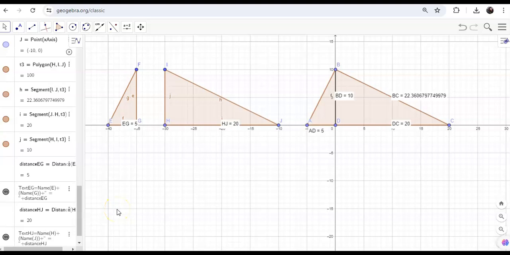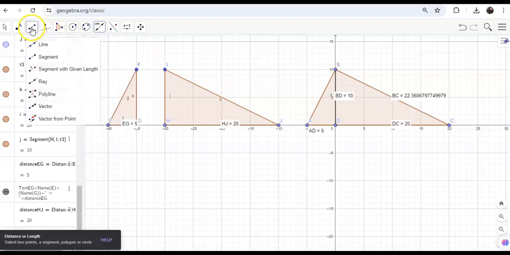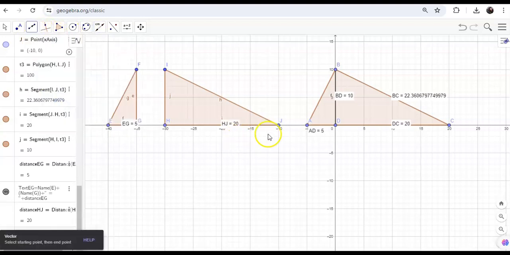So we're ready to transfer this small right triangle here to the acute triangle. So we're just going to create a vector and then use the vector for the transfer.